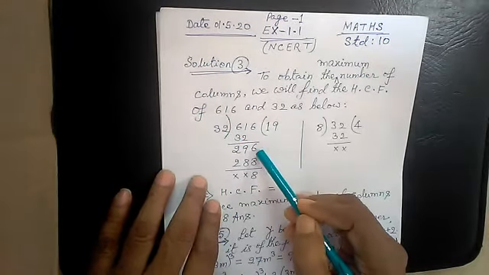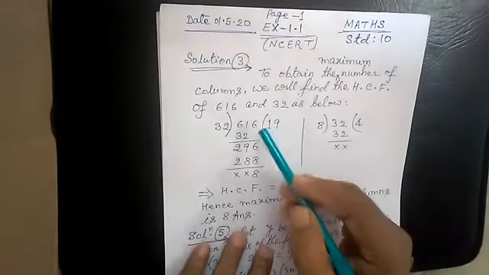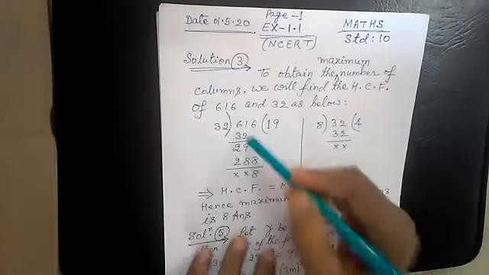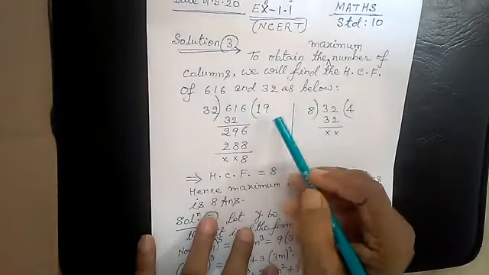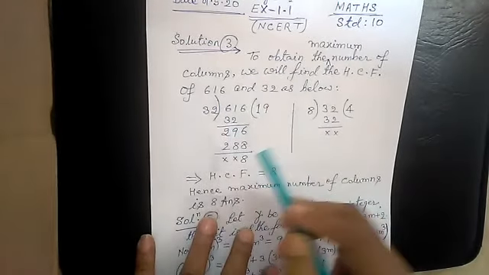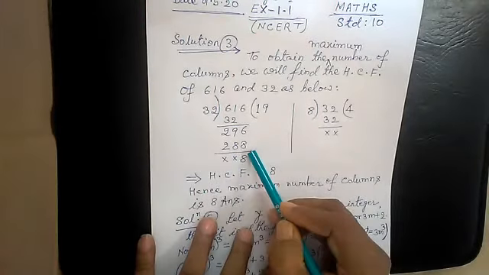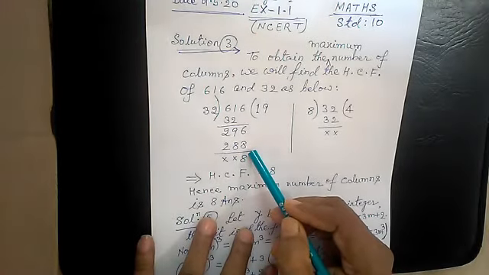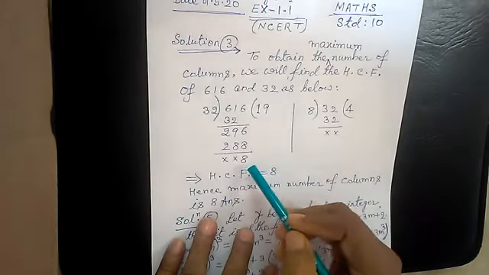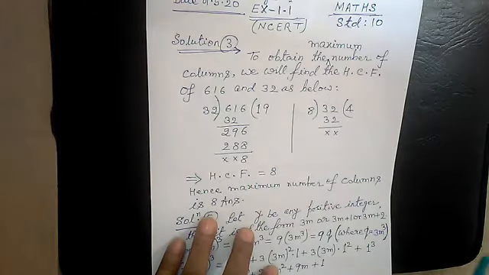Then I bring down the 6 from the dividend side, and now it will go 9 times. 32 times 9 is 288, so after subtraction the remainder will be 8.